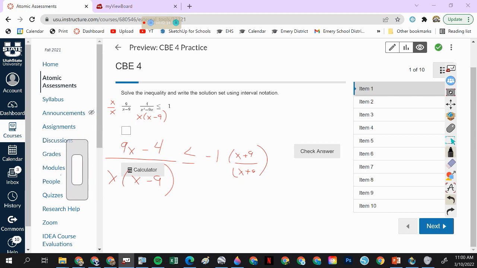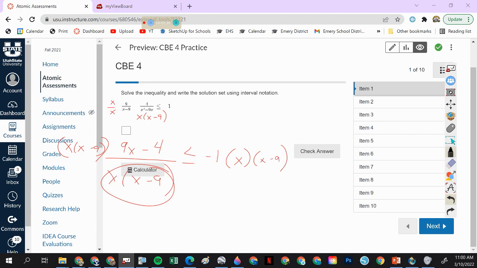What if I try to just move this stuff to the other side? So if I times this by x over x minus 9, and then I times this by x over x minus 9, that seems like a really good strategy. But it's dangerous. Why might that be a bad idea? Is x times x minus 9 positive?